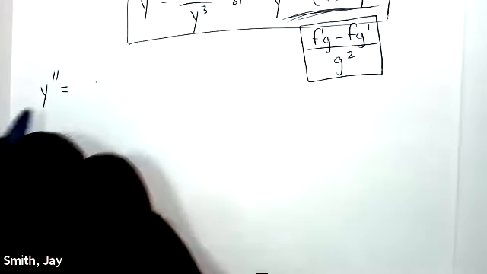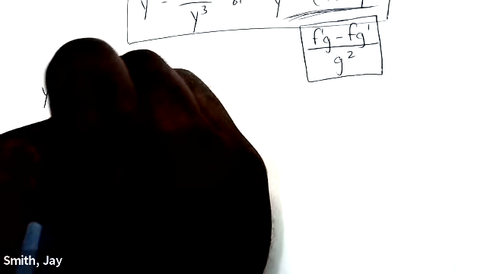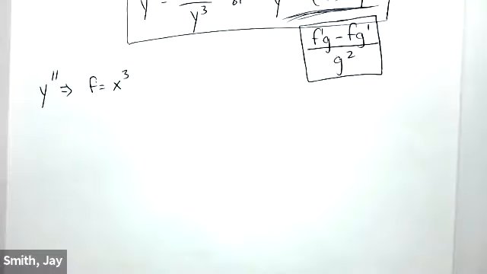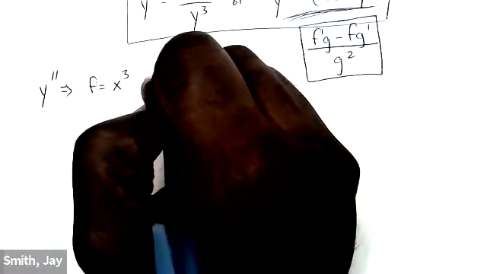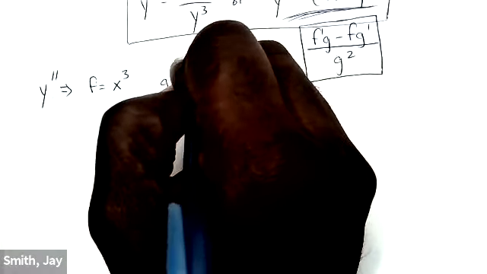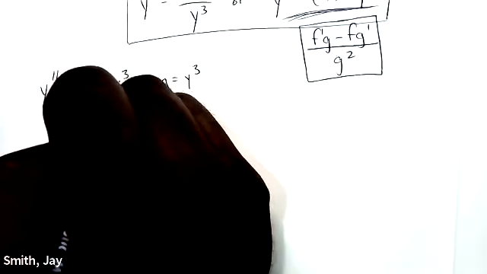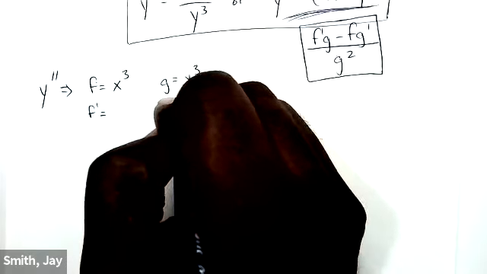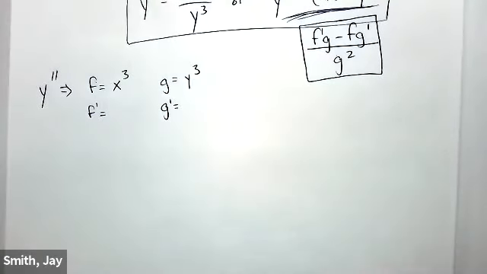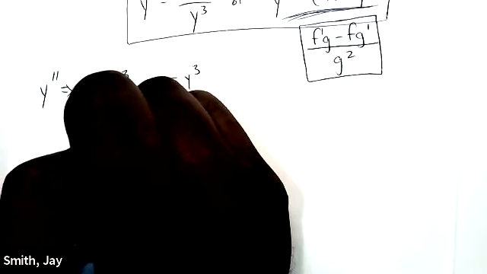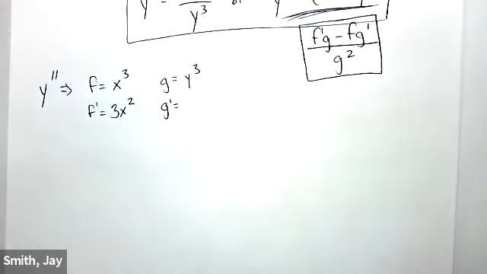All right. So my first differentiable function, f, would be x cubed. My second differentiable function, g, would be y cubed. Still need to define f prime and g prime respectively. So given that f is x cubed, f prime would be 3x squared using the general power rule.